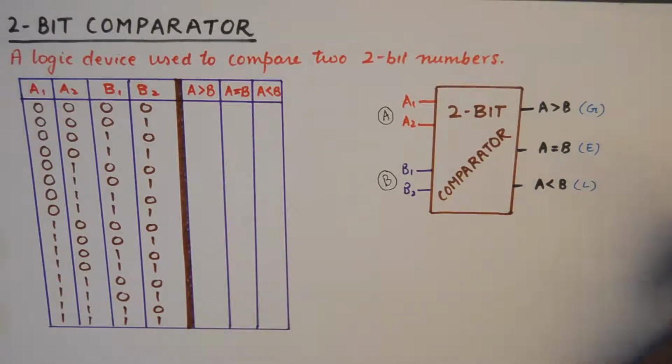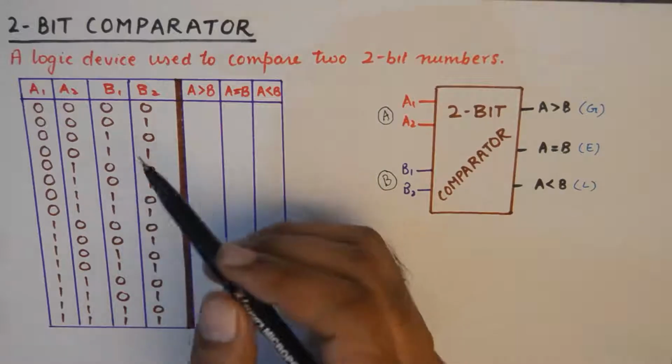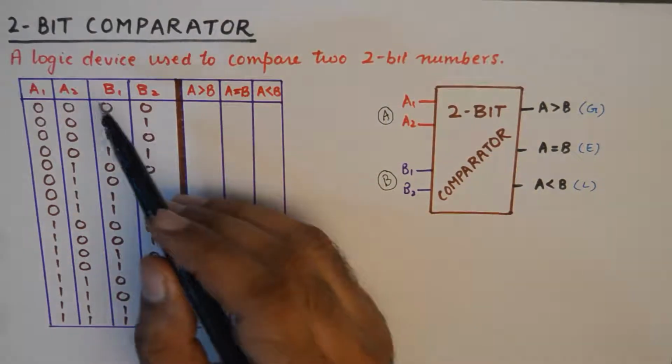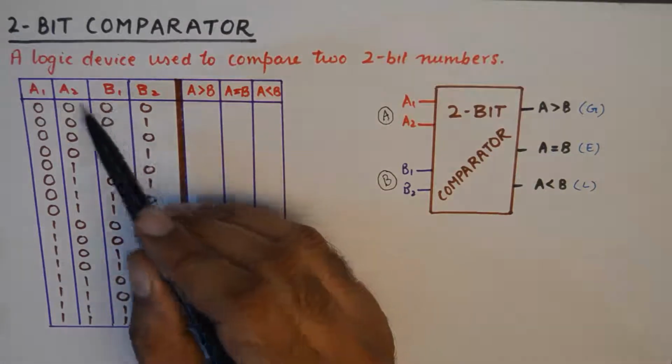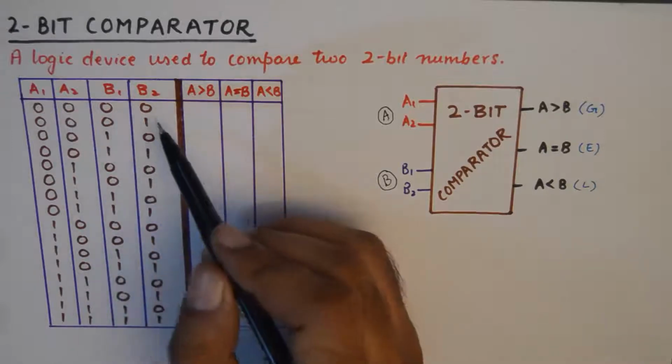So if we were to make the truth table of a 2-bit comparator, it will essentially contain 4 inputs, but those 4 inputs are seen as 2 bit pairs.